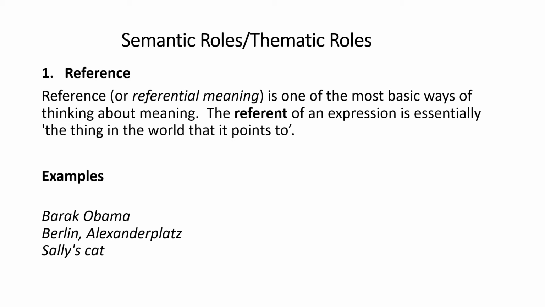As we can understand the names of our very famous dramas or movies, when we pronounce those words for the first time, it definitely means that particular movie or drama. Or Sally's cat: we know a girl, a person whose name is Sally, who has a cat or some pet animal.